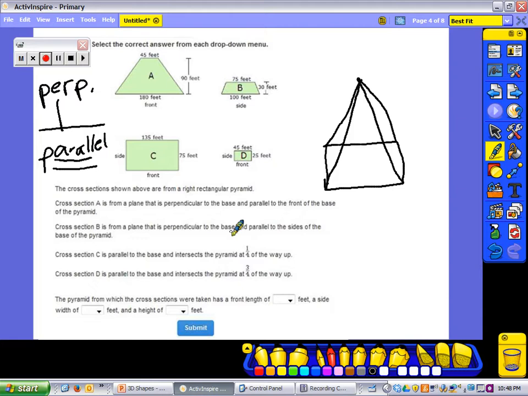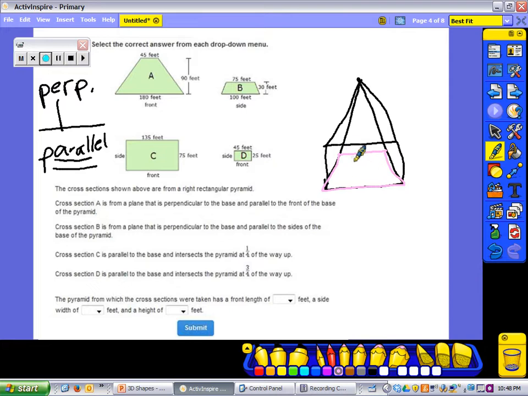Okay, so cross-section A is from a plane that is perpendicular to the base and parallel to the front of the base. So that means they cut it off right here. They cut off the front of this rectangular pyramid.